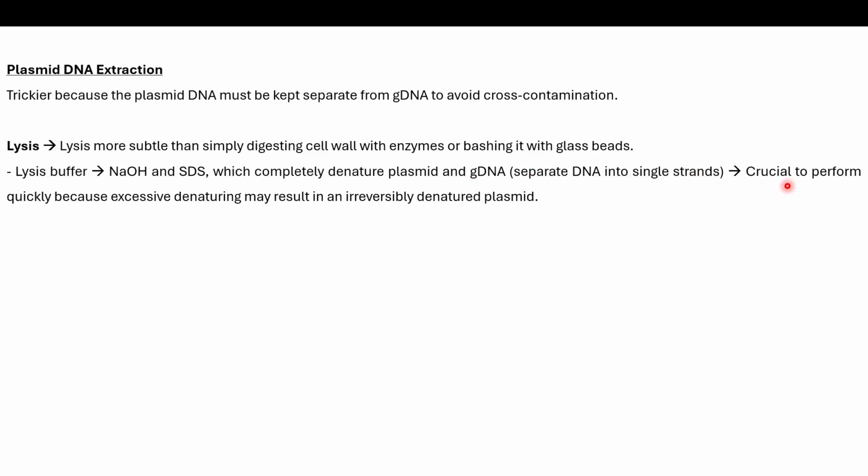This step is crucial to perform quickly, because if we denature it excessively, that may result in an irreversibly denatured plasmid. Not only do the hydrogen bonds between the two strands get broken, but it can irreversibly denature some bases, where you don't get to separate it out.